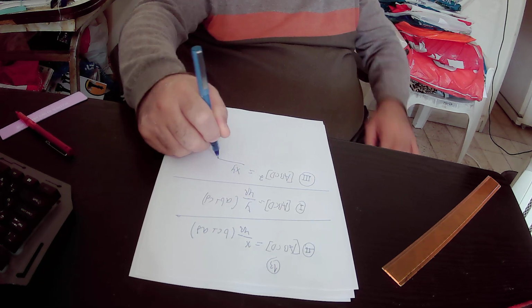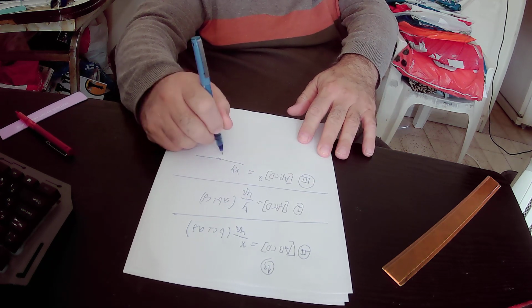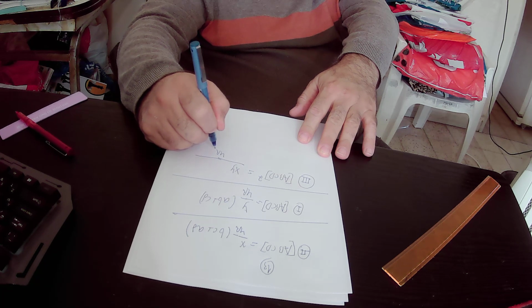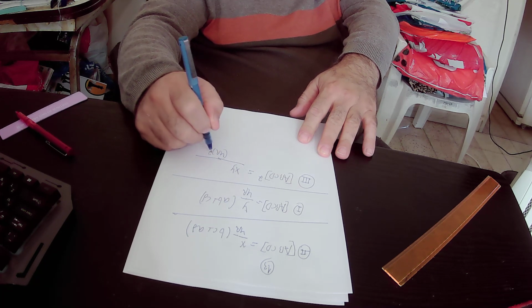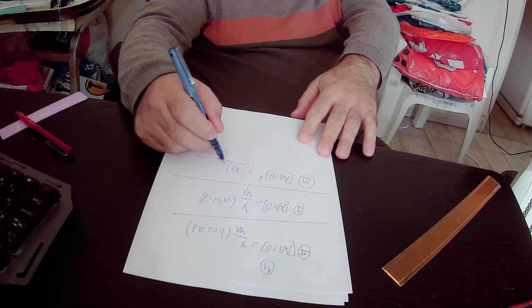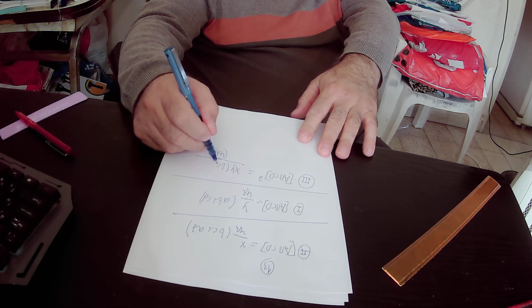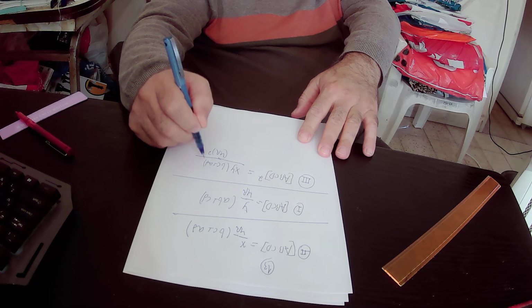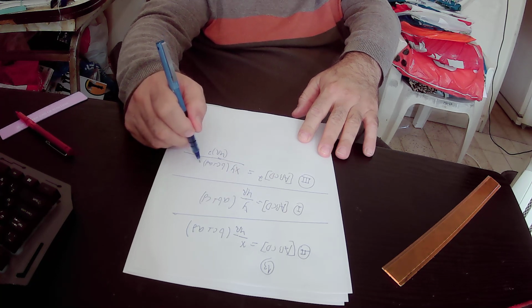In the denominator, we will have 4R squared, and in the numerator, we will have (BC plus AD) times (AB plus CD).